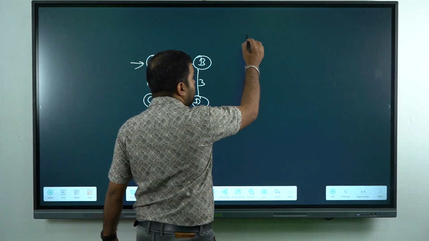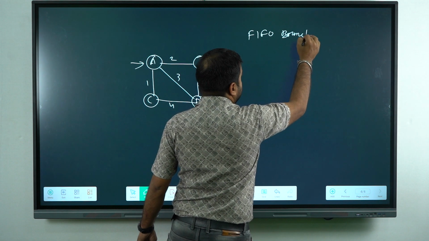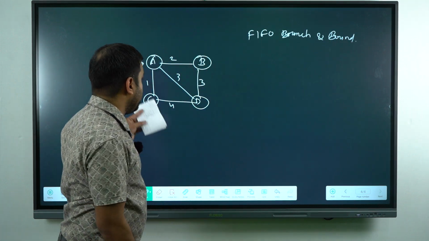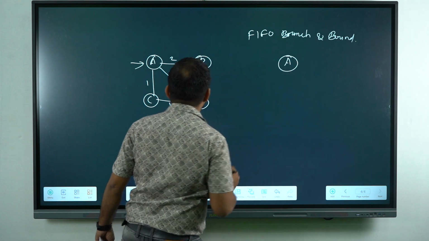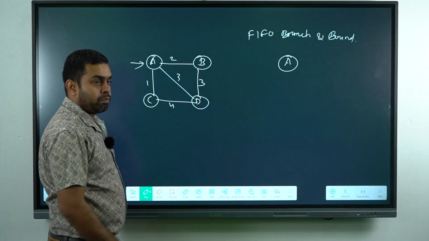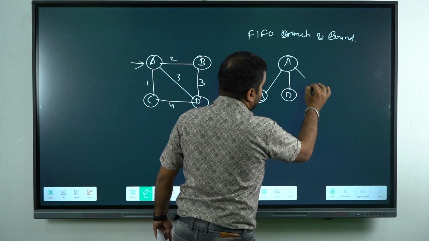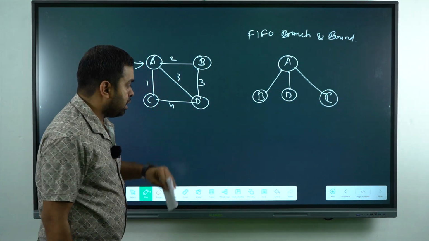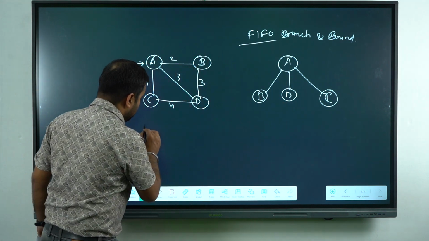If we are using FIFO branch and bound, in that condition, if we start from A, we take A. Now whatever paths are available, A to B, A to D and A to C. If we store this, we are using first in first out, so a queue is required.